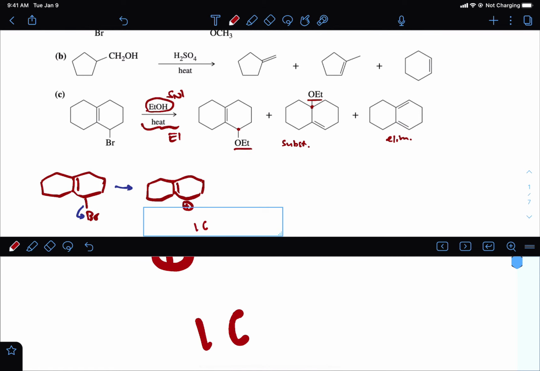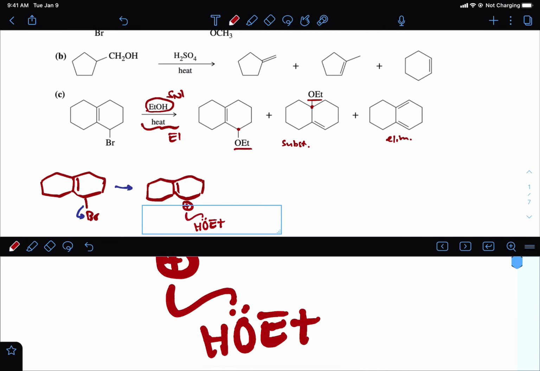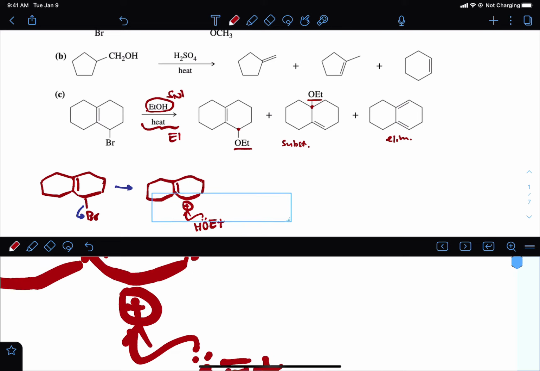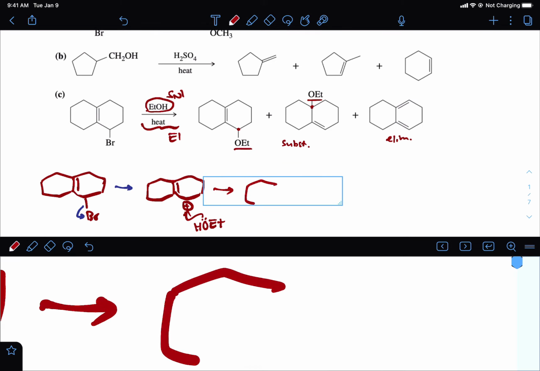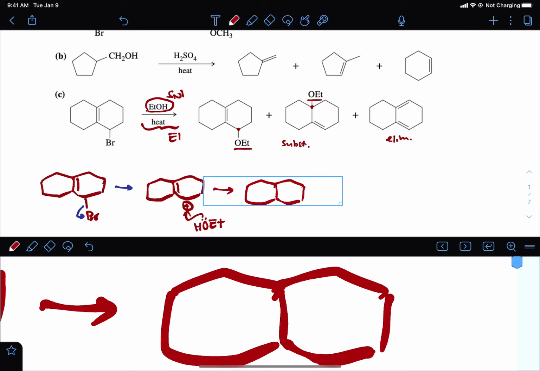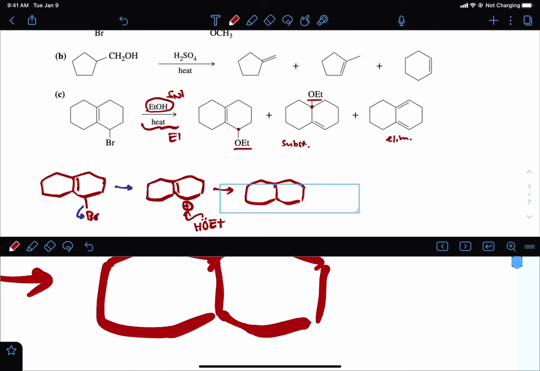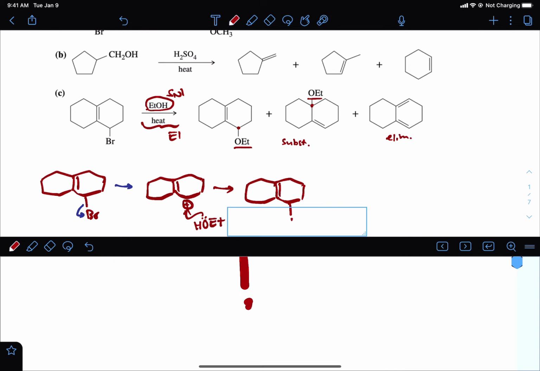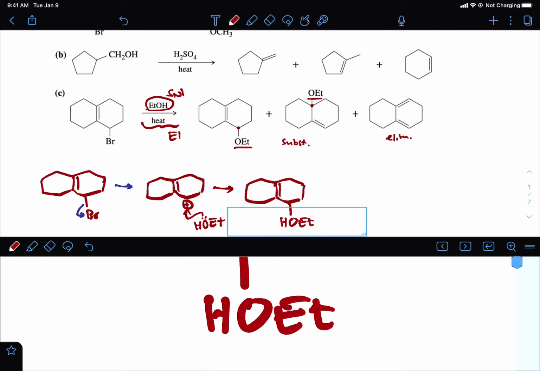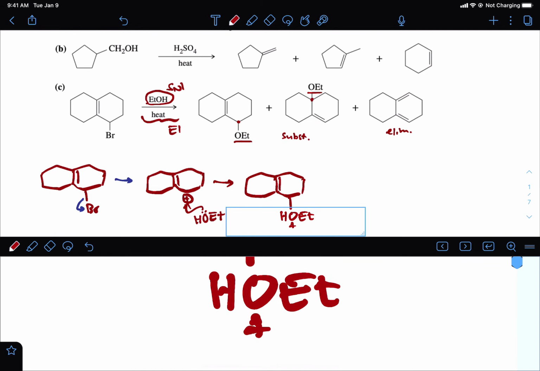Now, to get to our first product, it's very straightforward. Our HOEt simply adds to the cation. We've got our double bond in the same place. We have the OEt. We've still got the H on it, so we've got a positive charge.